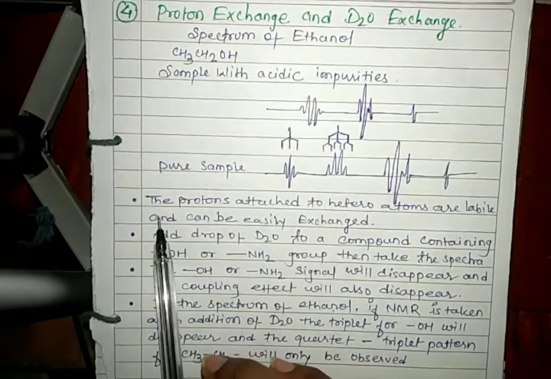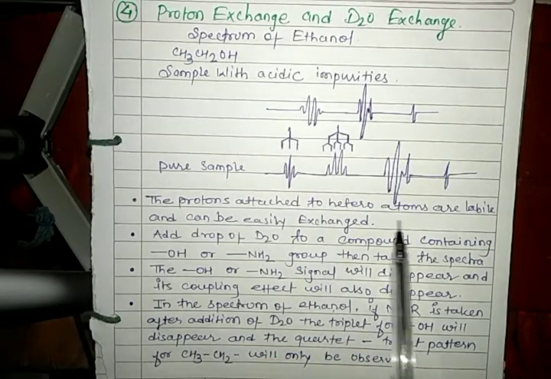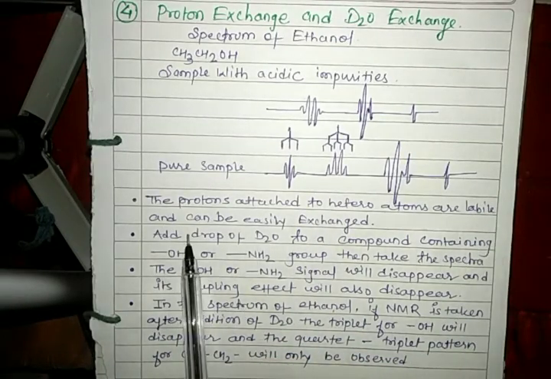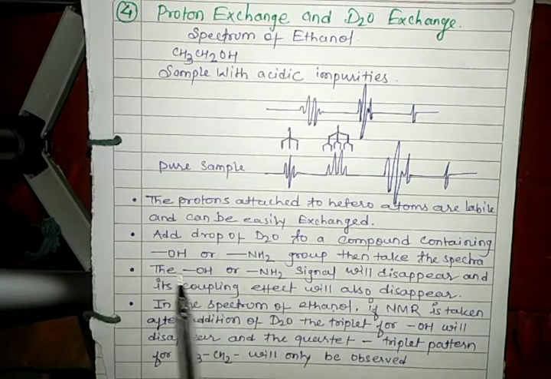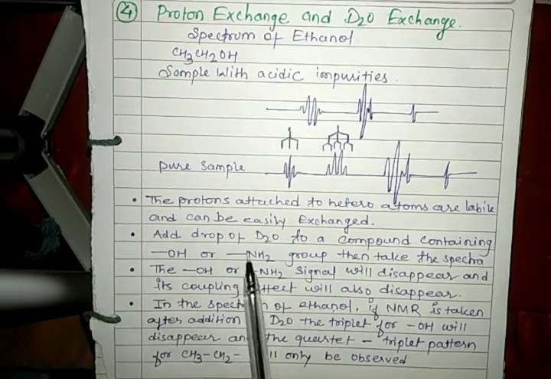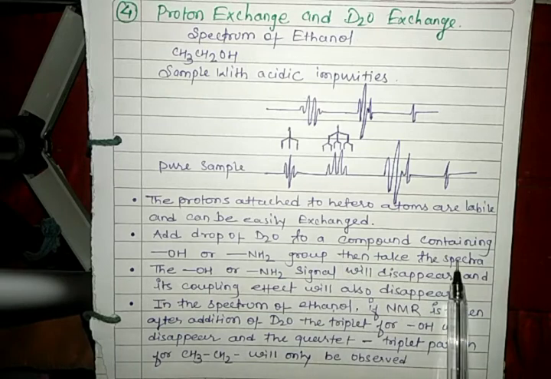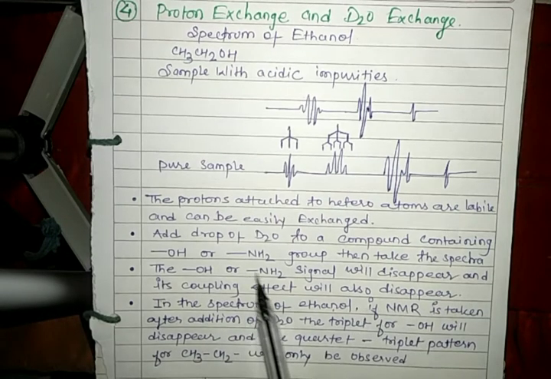So point of this is the protons attached to heteroatoms are labile and can be easily exchanged. Next point, add a drop of D2O to a compound containing OH or NH2 group, then take the spectrum. Third point, the OH or NH2 signal will disappear and its coupling effect will also disappear.